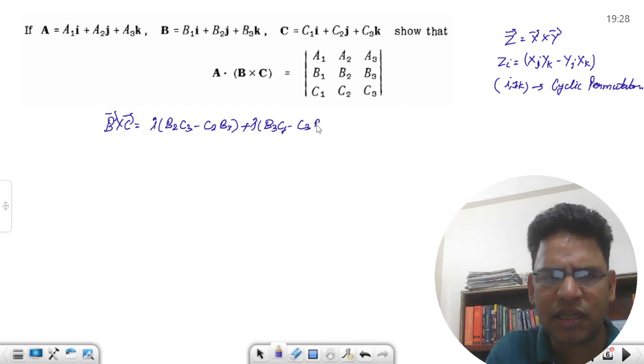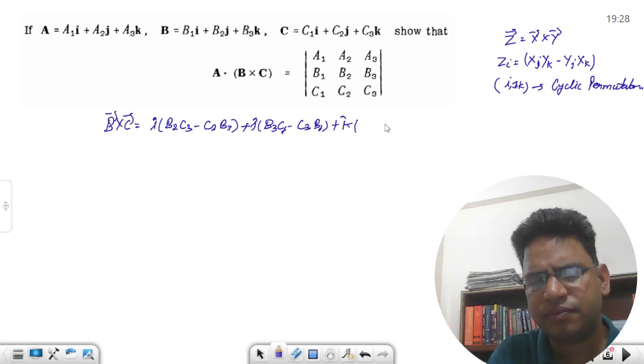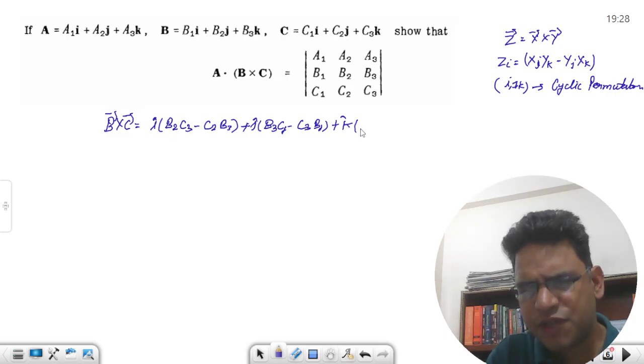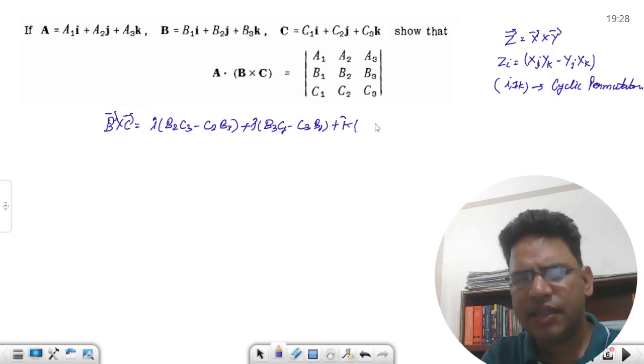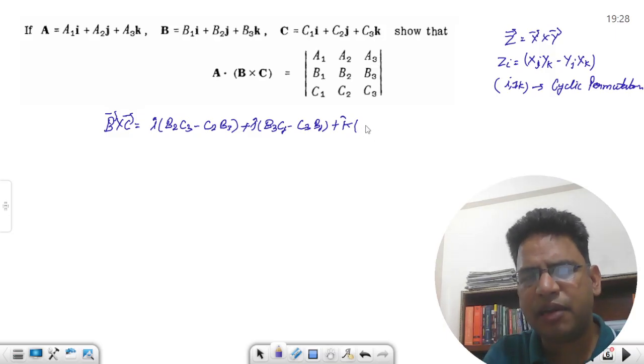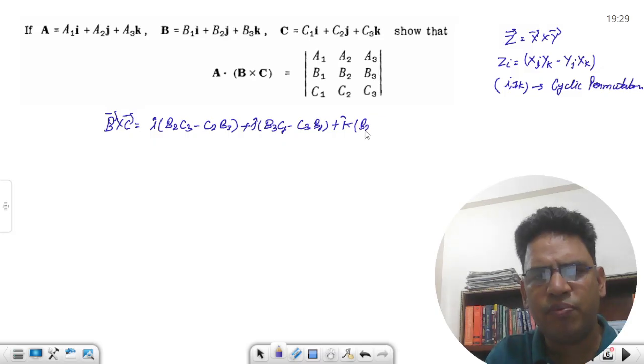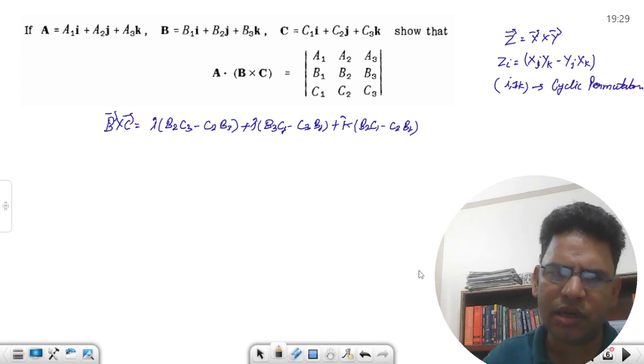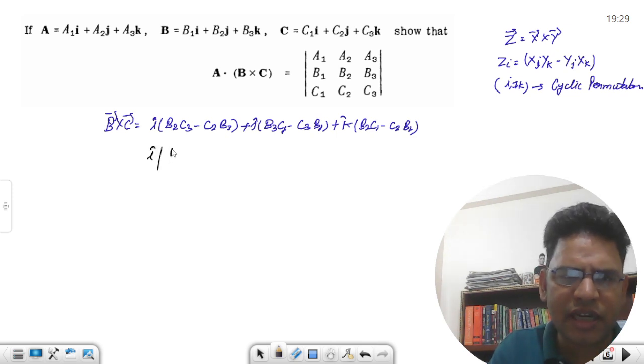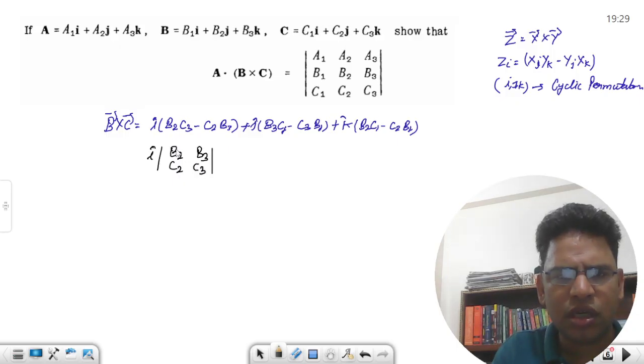This is cyclic permutation. So j cap has to be equal to b3 c1 minus c3 b1. Plus k cap, it can be rewritten as, just once and for all, after 3 what permutation will come, 2 1, so b2 c1 minus c2 b1. Now if you remember, this i cap can be written as b2 c3 minus c2 b3.